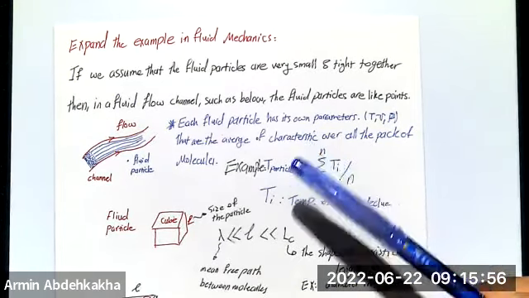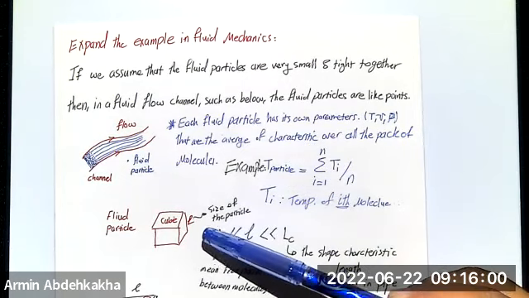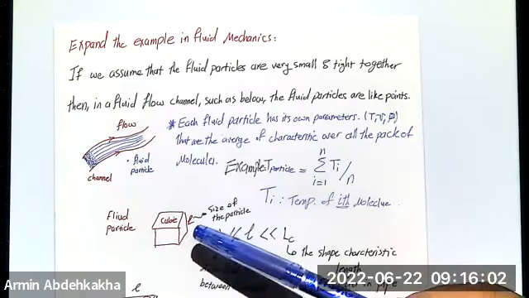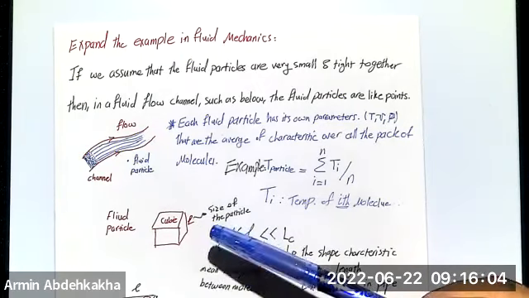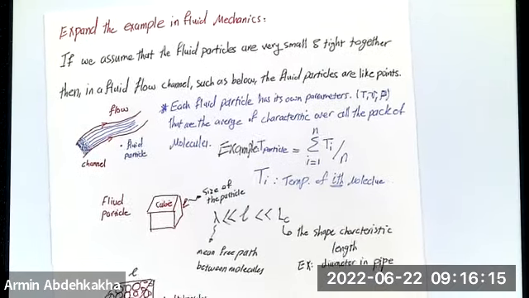At the same time, you have to know that the size of this cube is delta X, delta Y, delta Z. Delta is a very small amount of size versus the huge channel that you have, okay?